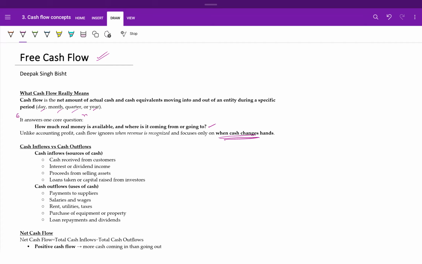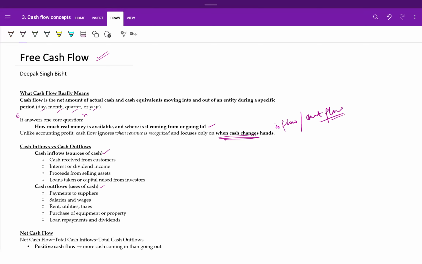This means we are either receiving money, an inflow, or paying it out, an outflow of cash. When we compare cash inflows and outflows, there are two sides. Cash inflow is the source of cash, and cash outflow is the use of cash.